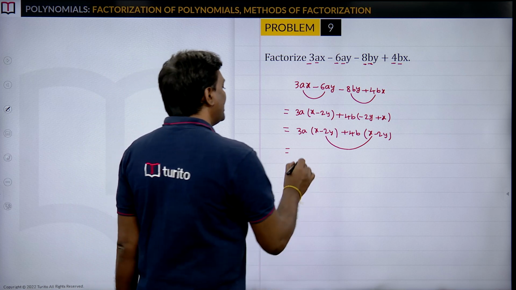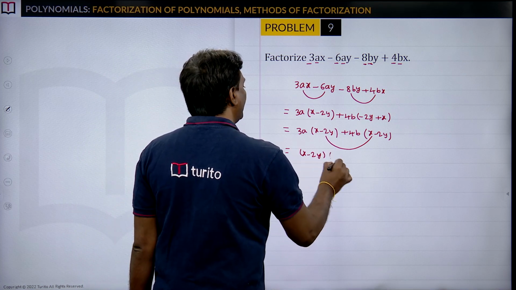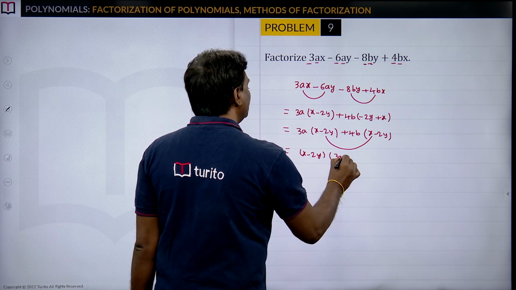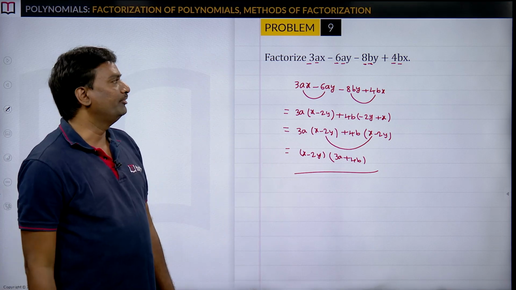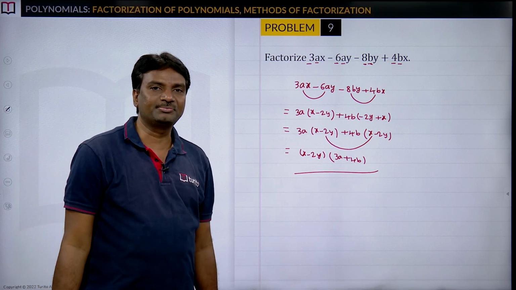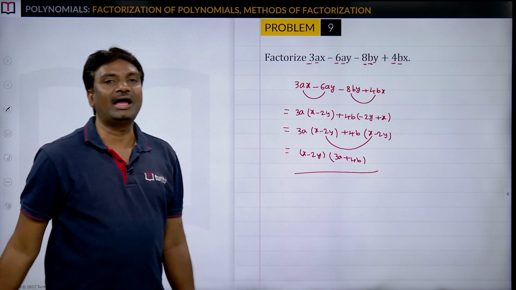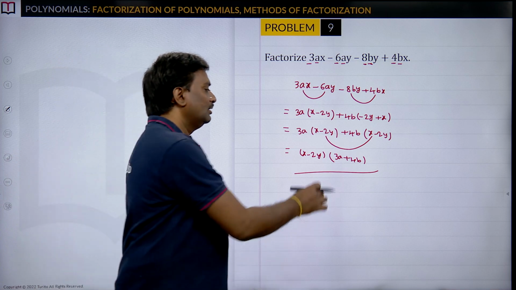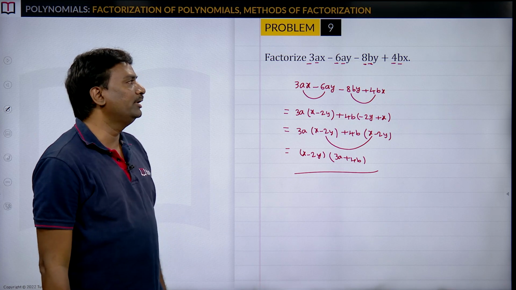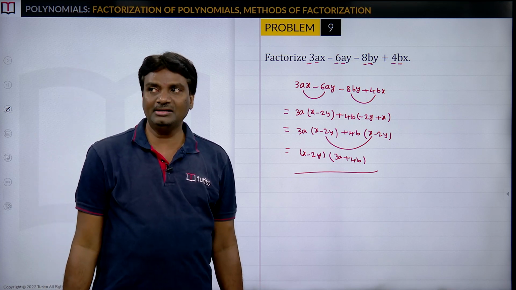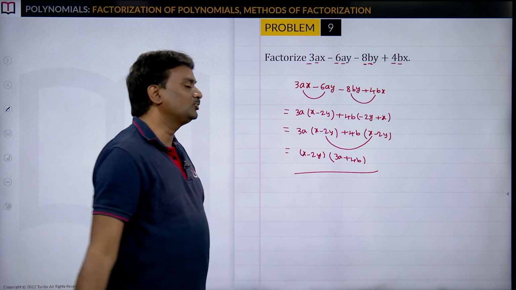So, by taking x minus 2y as common, we get x minus 2y into 3a plus 4b. So, we have written the given expression as the product of two polynomials x minus 2y and 3a plus 4b. This is the first factor and this is the second factor. So, we can factorize the polynomial 3ax minus 6ay minus 8by plus 4bx as x minus 2y into 3a plus 4b.